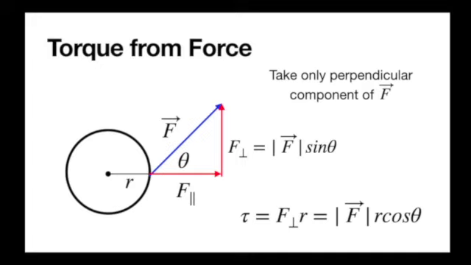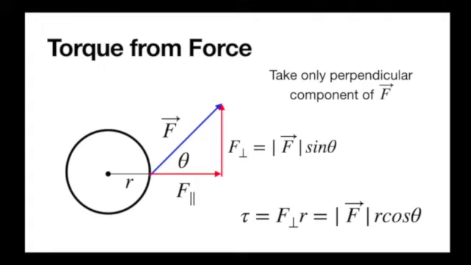My favorite way to explain it is to break F down into two axes: the axis that is parallel to r, in this case the x-axis, and the axis that is perpendicular to it, in this case the vertical y-axis. That allows us to break F down into these two perpendicular components.